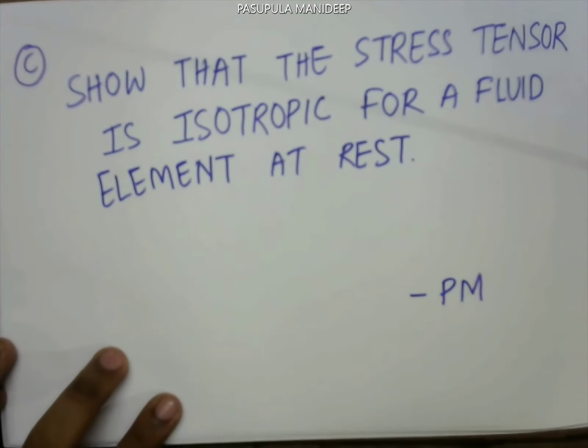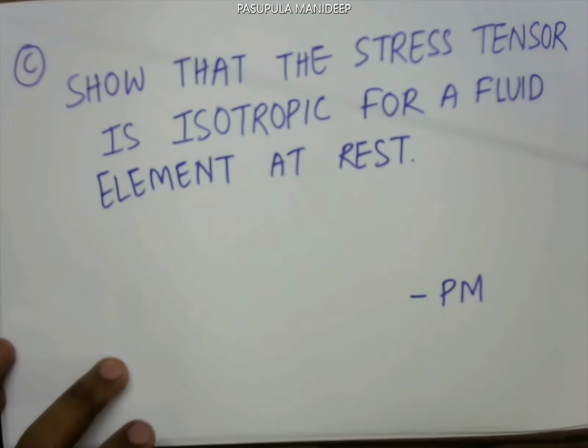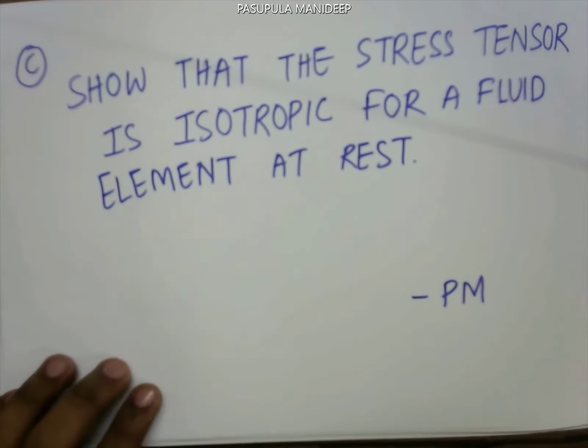In the previous video, we have shown that the stress tensor is symmetric. In the present video, we are going to show that the stress tensor is isotropic for a fluid element at rest.